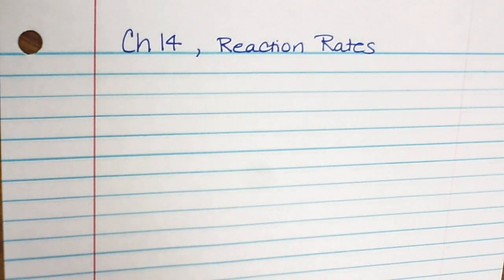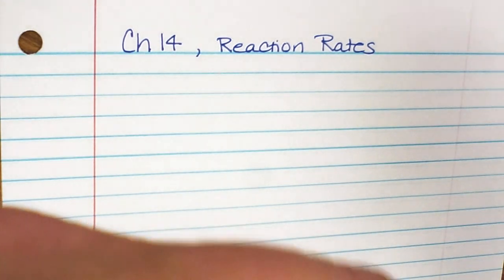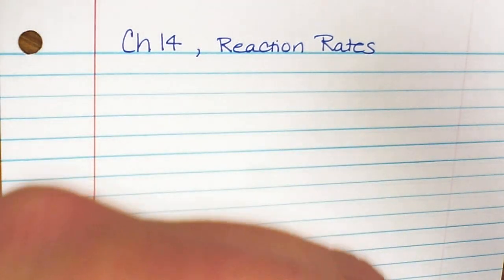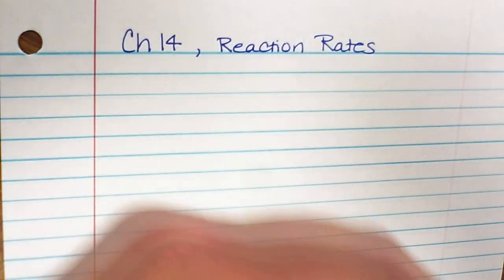First of all, it's important to note that reactions don't go in one single step. When you put A plus B, bam, C, no, that's not the way it happens, because you have two compounds that come together. And as we've already learned, compound A has to break apart. Compound B has to break apart.